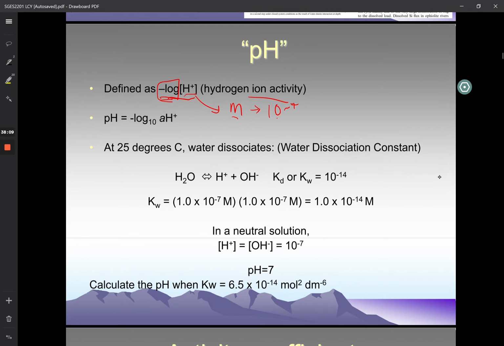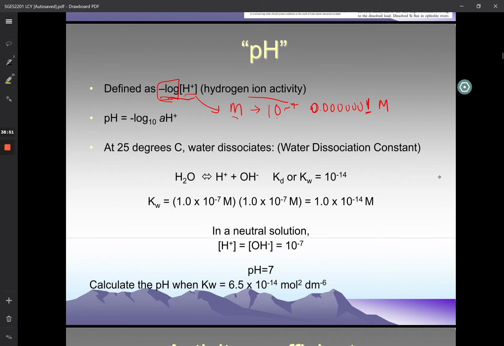It means in normal water, the concentration of these hydrogen ions is 0.0000001 molar, that is, 10^-7 molar.